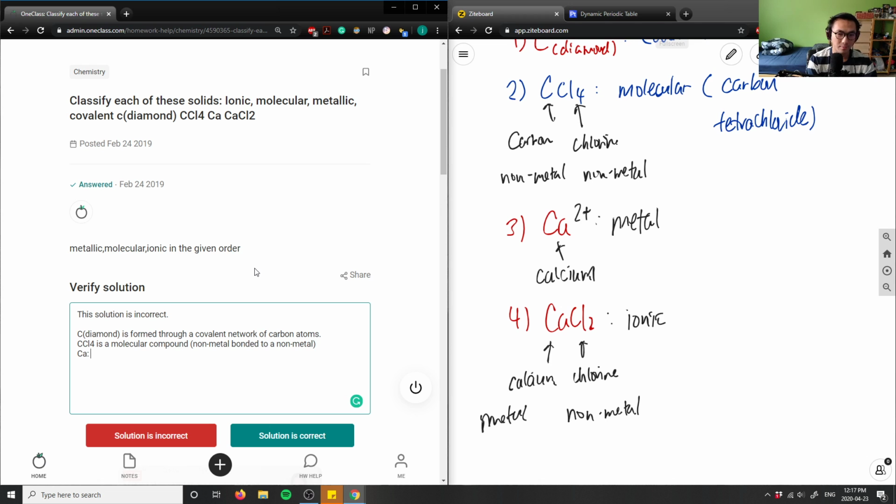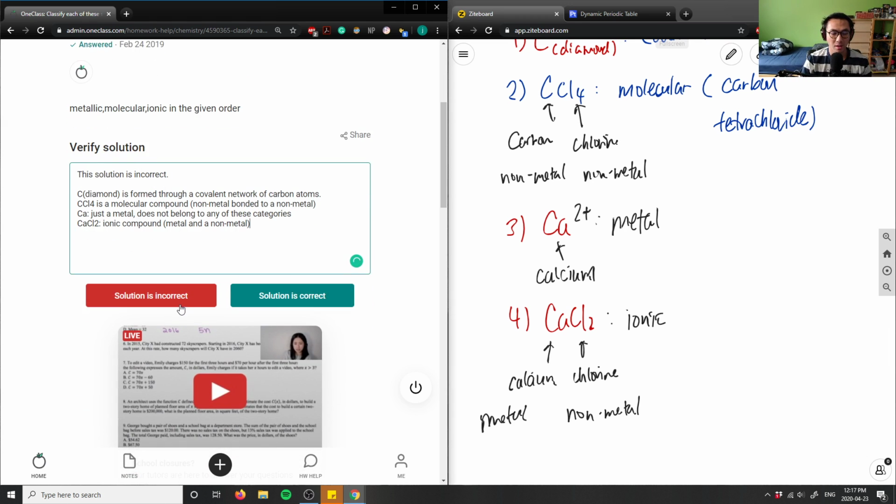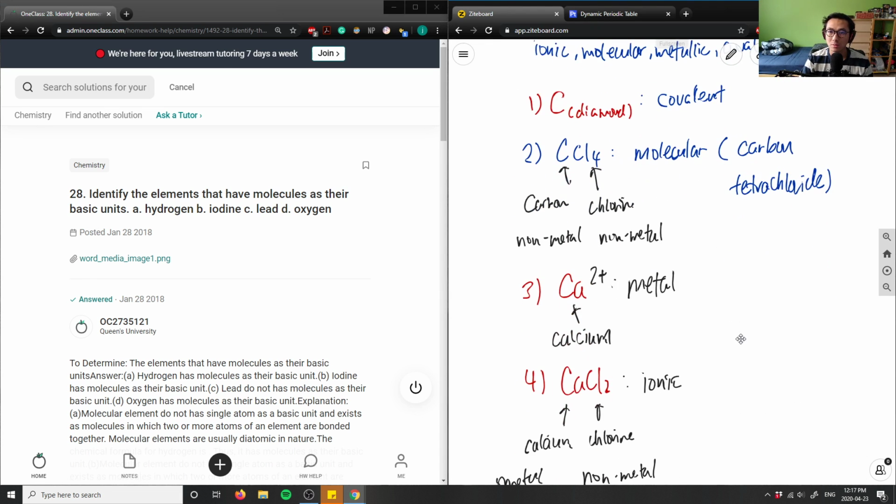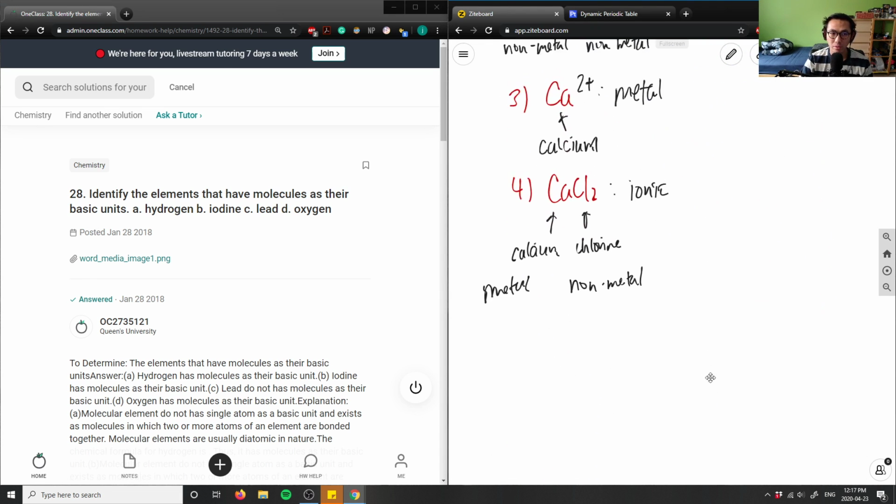Ca here is simply just a metal, does not belong to any of these categories. And CaCl2 is an ionic compound, metal and a non-metal. Sweet. The solution here is incorrect, I'm going to say, because it only gave me 3 answers here. Sweet. That was number 2. So now we can move on to number 3 here.